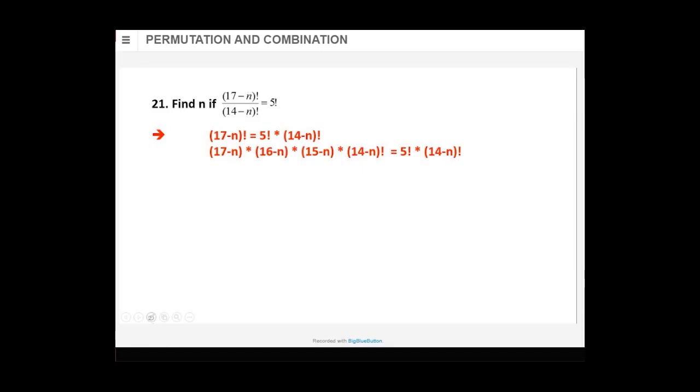The 14 minus n factorial gets cancelled. I'm not showing it here. They get cancelled. If you want, I'll show it here. This 14 minus n factorial cancelled and this cancelled.